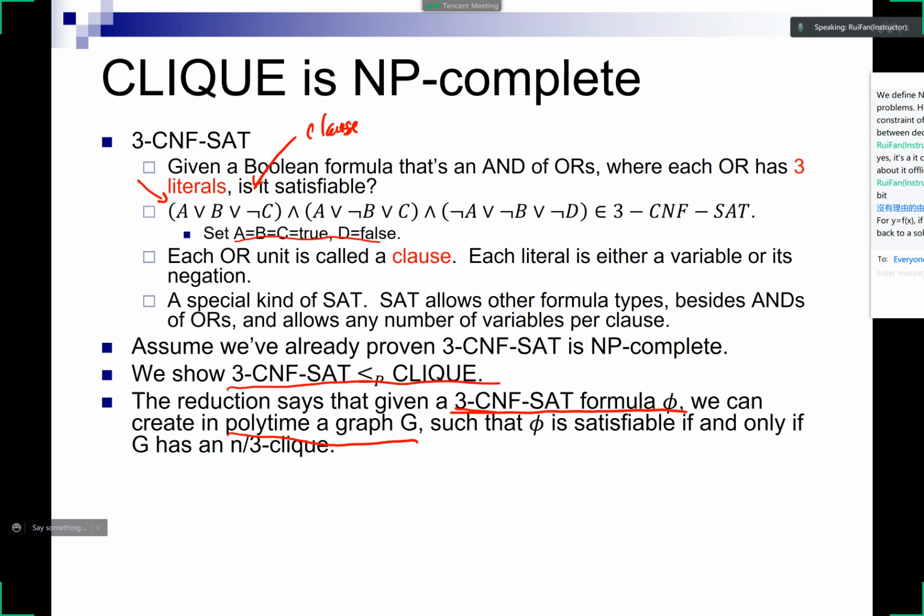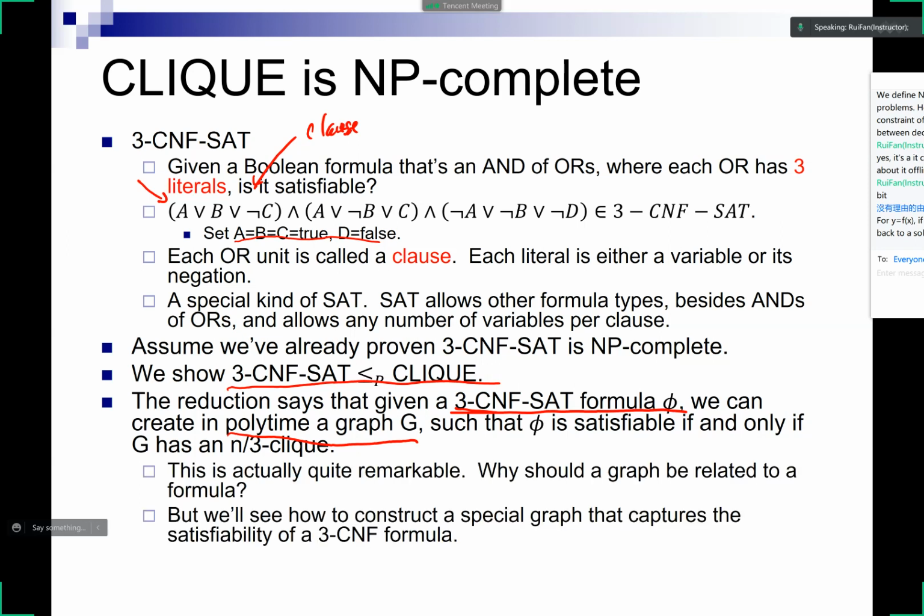The first time you see this, it might be a bizarre statement, because we're relating this formula phi to a graph, and it seems like formulas and graphs don't really have anything to do with each other.